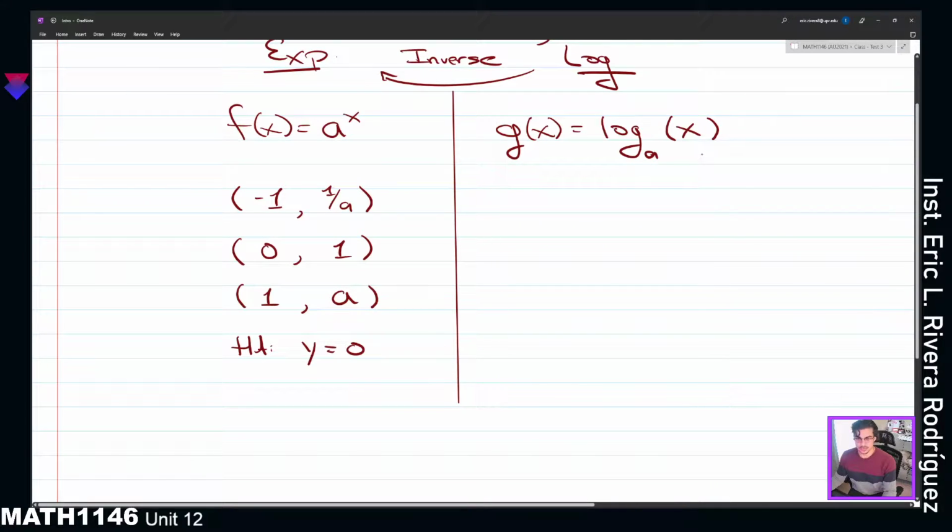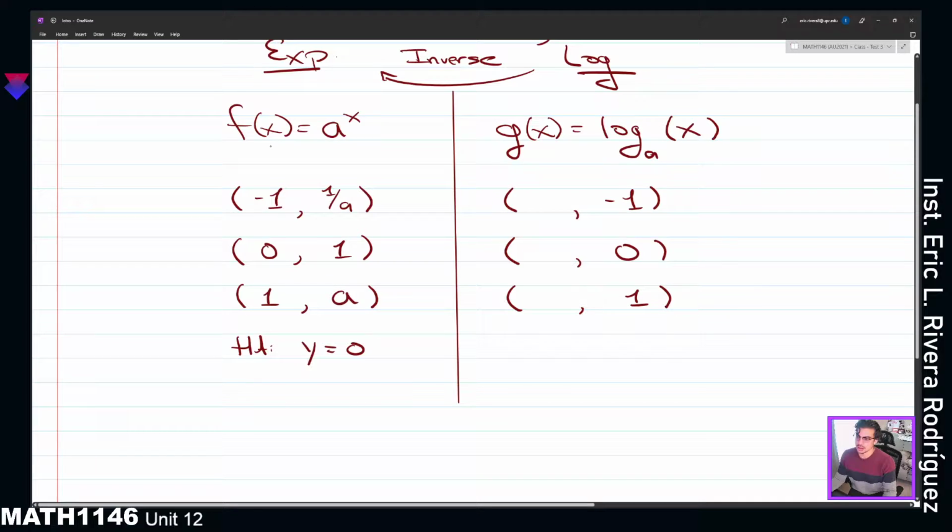The log base a of x is just the inverse function. So we don't need to think too much of what will be the key points. We just need to flip what we have here on the left side. So -1, 0, and 1. This is a technique that you might want to use when you are looking for the key points of the logarithmic functions. A log, like I said, is a weird function or operation, and usually finding those points with the log is a bit complicated depending on the value that we are getting.